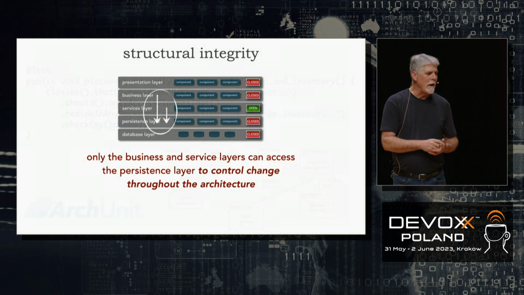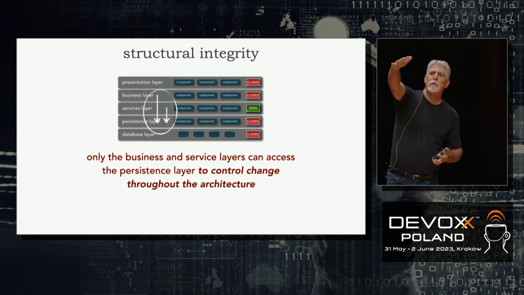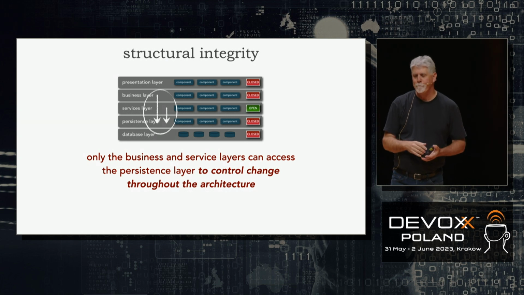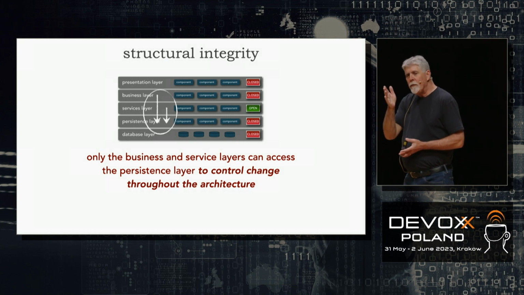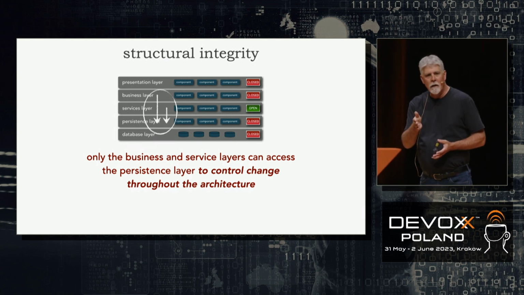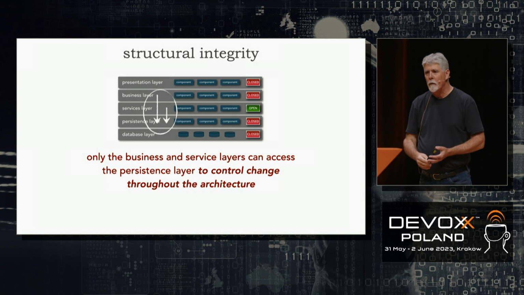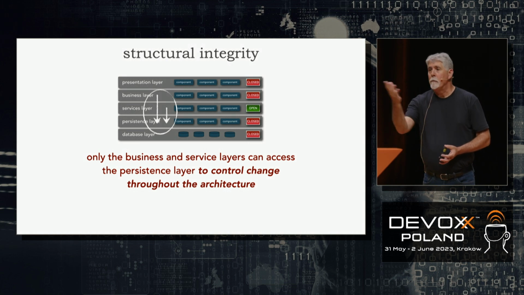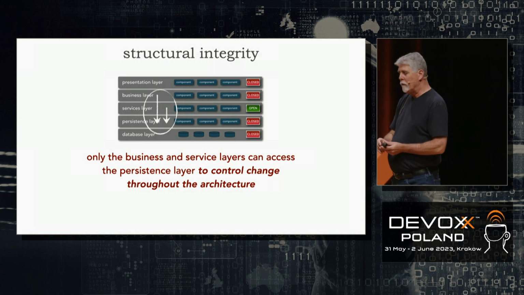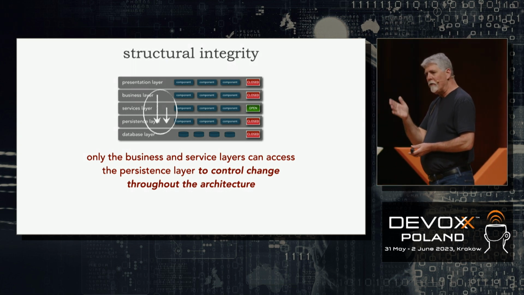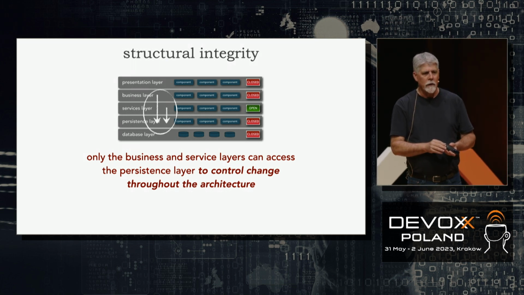Here's another good example. Let's say we have a very traditional layered architecture. We don't want the presentation layer to access the database directly because we expect a lot of change and we want to control change in the database. So I write an architecture decision record to say only the business and services layer can talk to the database.